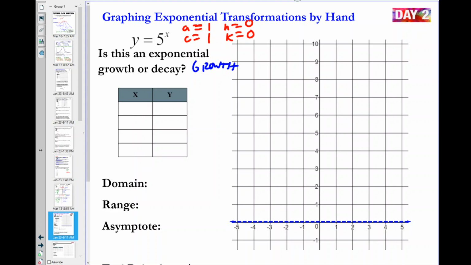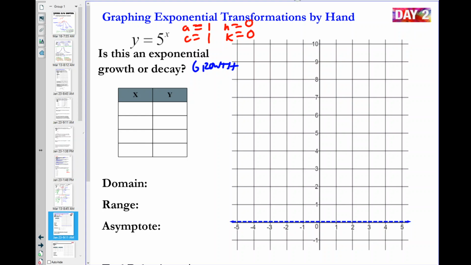Here's what I would like. I'm going to use a table for the parent function.